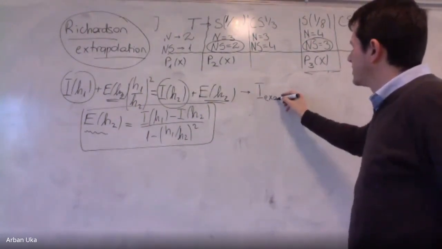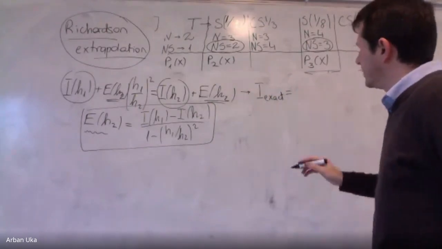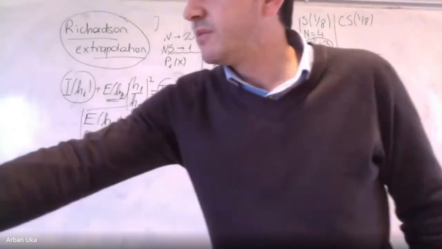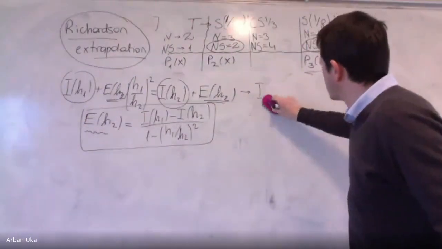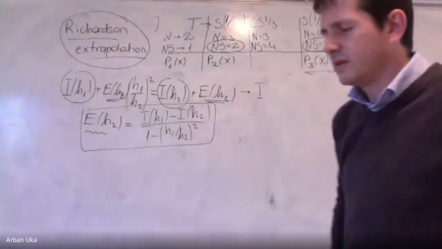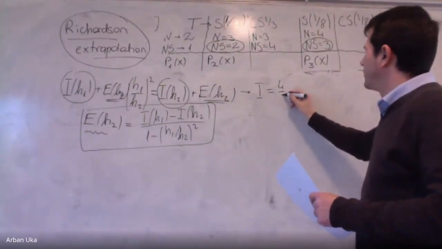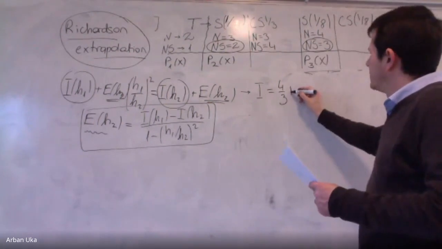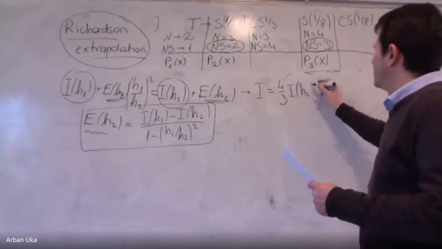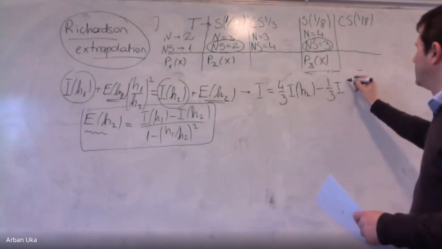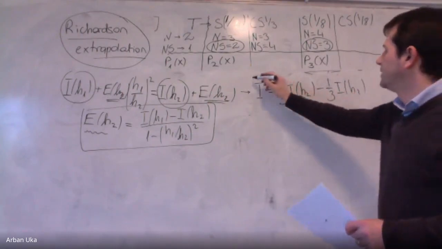Actually, this is not exact, this is still an approximated value, but let's remove the exact keyword for a moment, but that's where we started all of this. The new value of I, we can define as equal to 4 over 3 times the integral using h2 minus 1 over 3 times the integral using h1.